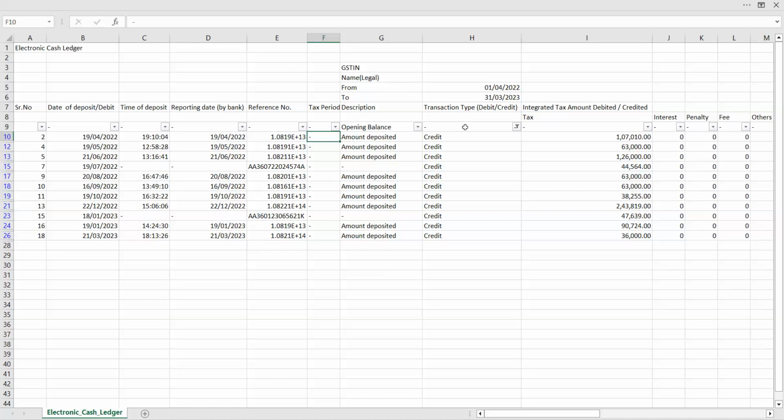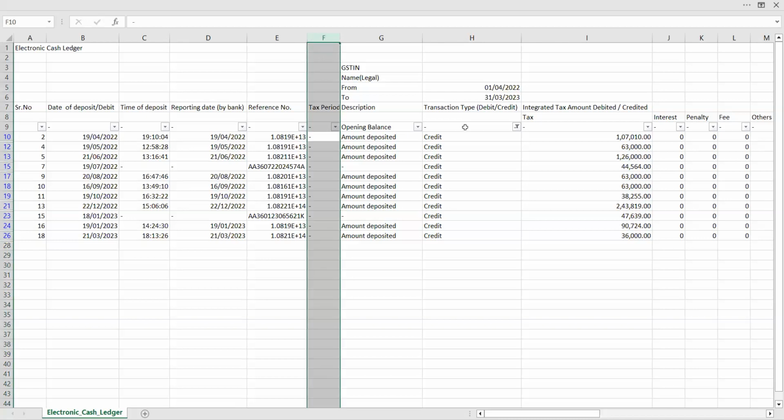Suppose you thought the liability may be 10,000 to be paid in cash, and you have credited the cash ledger with 10,000, but then some other entry has come. You need not use 10,000 cash, so you are using only 8,000 cash. That means out of the 10,000 which you credited in cash balance, you are using only 8,000, right?